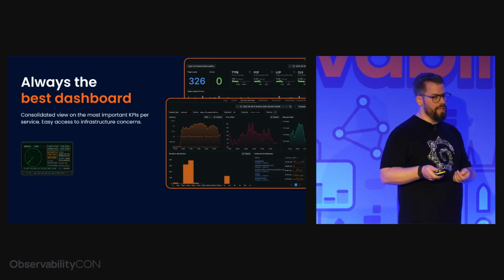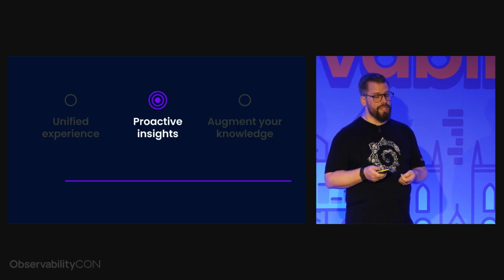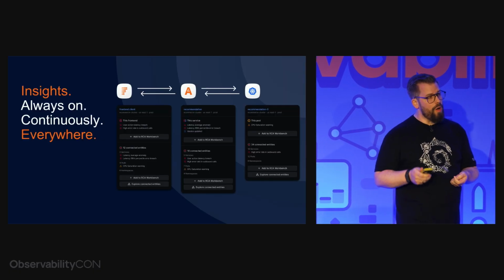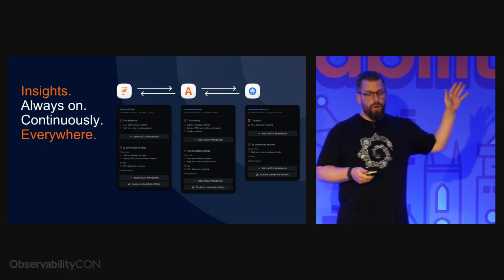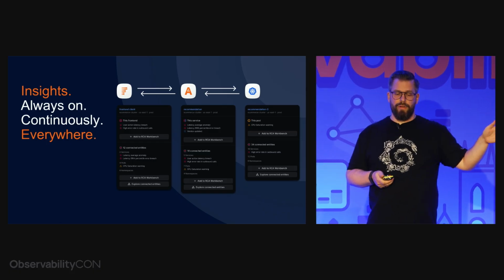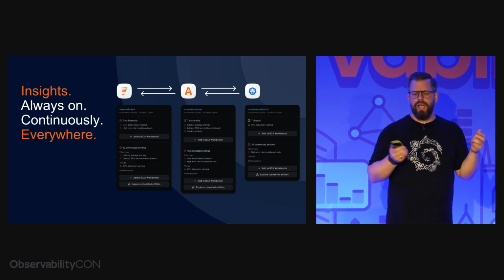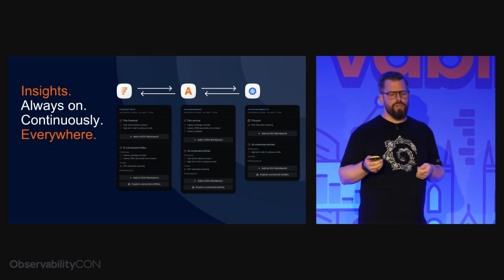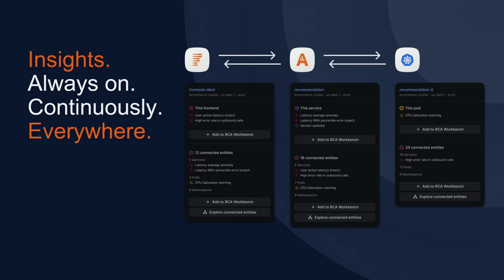But how do you know the entities are healthy? Well, this brings us to proactive insights, and they are really at the core of the Knowledge Graph. We make insights available everywhere, always on, and continuously in Grafana Cloud Observability. Insights are specific observations about an entity and its behavior, right? Examples are issues with the user experience of front-end apps, garbage collection issues in a JVM, or an anomaly in the request pattern of an application service.